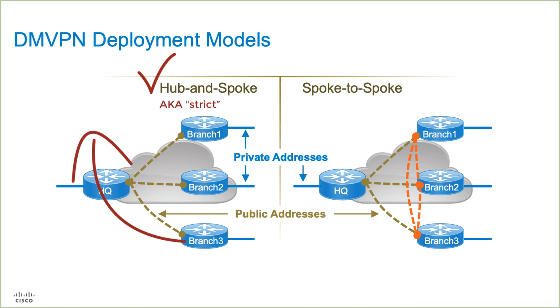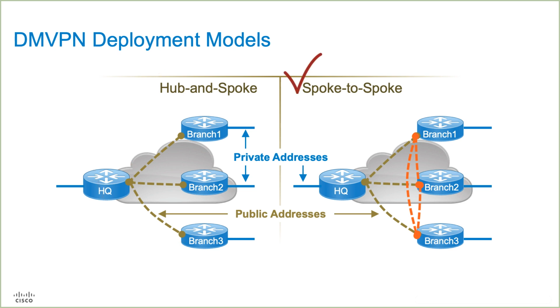And that's what we said earlier, there could be some latency issues, instead of just, as we show you here on the right-hand side, spoke-to-spoke communication with the branch communicating directly to the other spoke or to the other branch. That is where, if you ask me, all of these components come together.